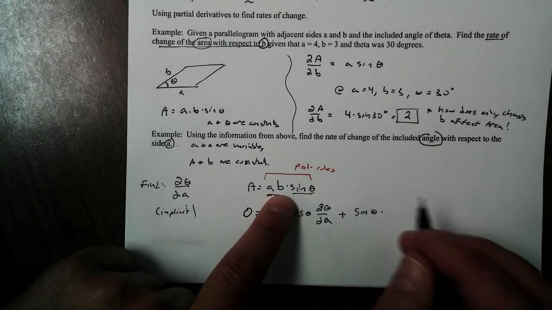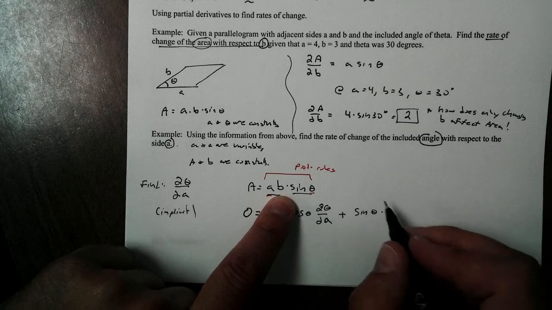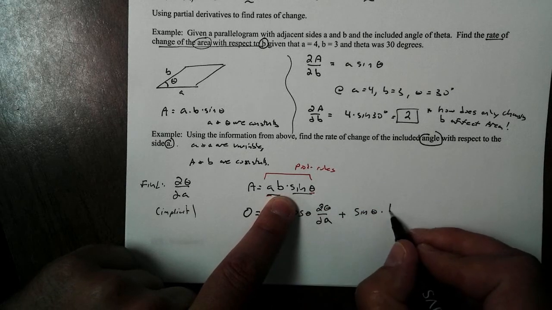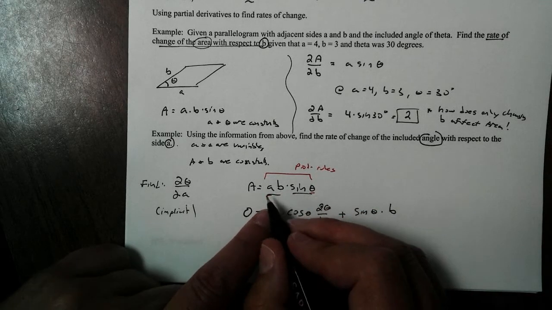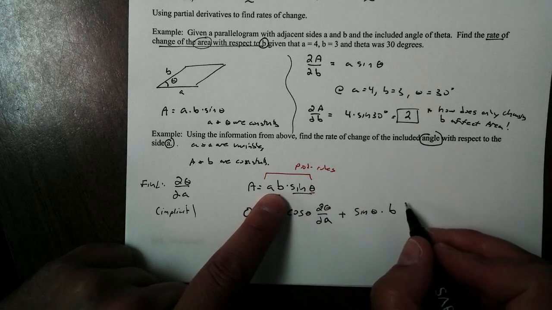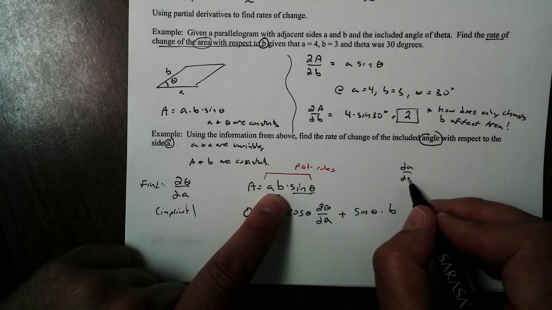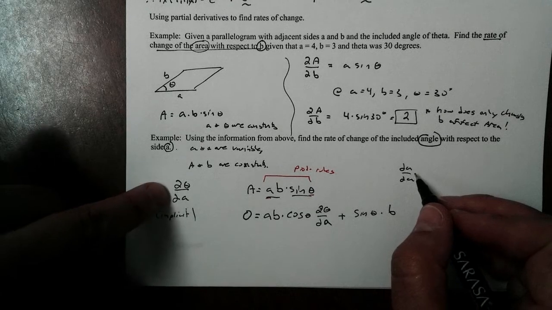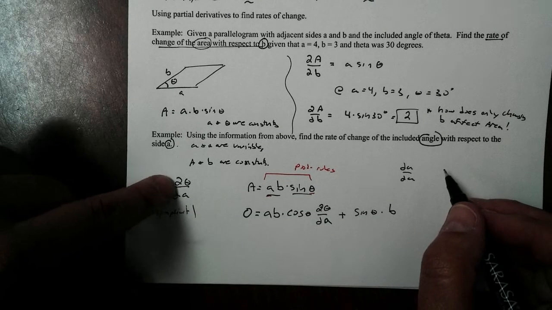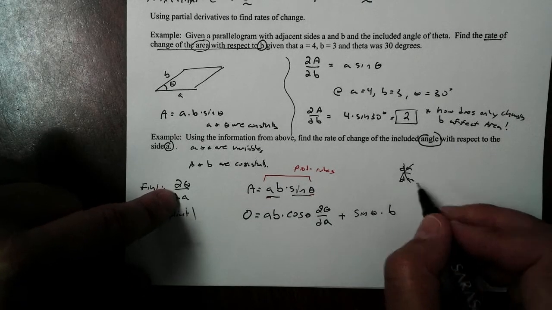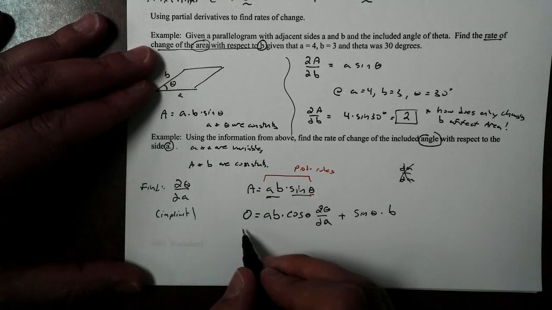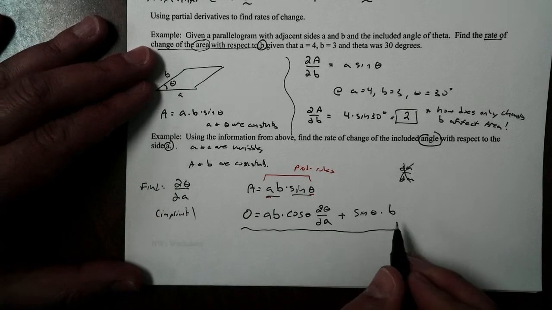Now, A is my constant, so the derivative of my first is just going to be B. Now, there is a chain rule, but it's going to be the partial of A with respect to A. Remember, we talked about that last year when we used implicit derivatives. It's just the partial of A with respect to A, which is just 1, so we never write that. So there is our derivative.